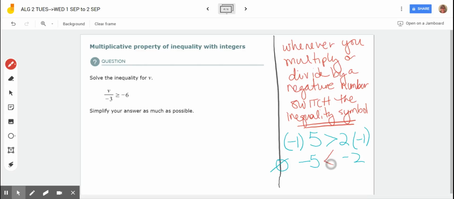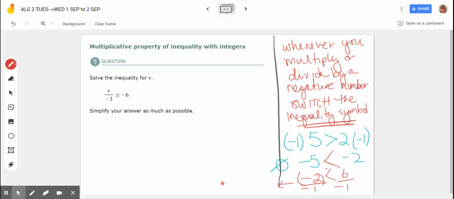Okay, and you could also do that with dividing. Let me do something like this. Even better. Actually, this is fine. -2 is less than 6. Let's divide both sides by -1 to make that side positive.